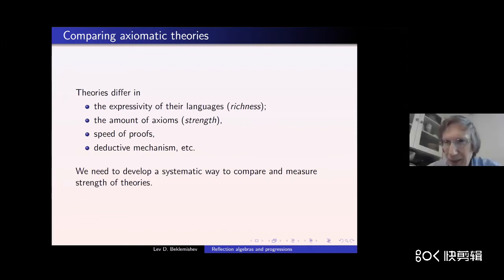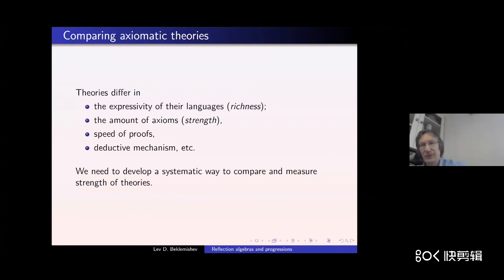So for many years, essentially since the work of Gentzen, proof theorists have been looking for ways to compare and measure proof theoretic strengths, somehow to relate different formal systems to one another, and to develop some kind of quantitative measures of their strengths.